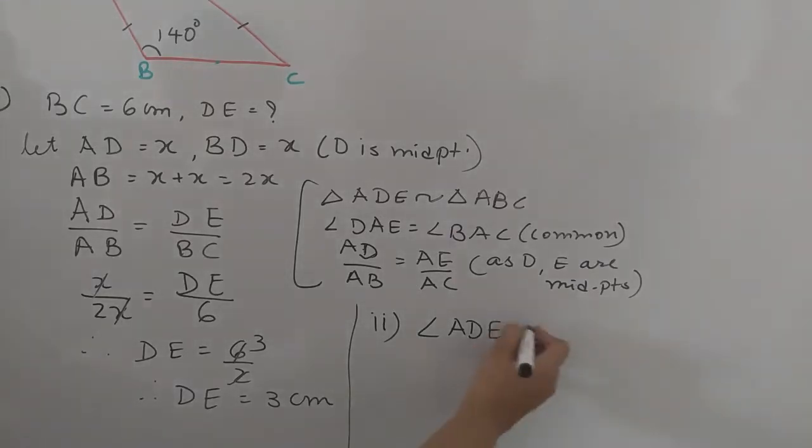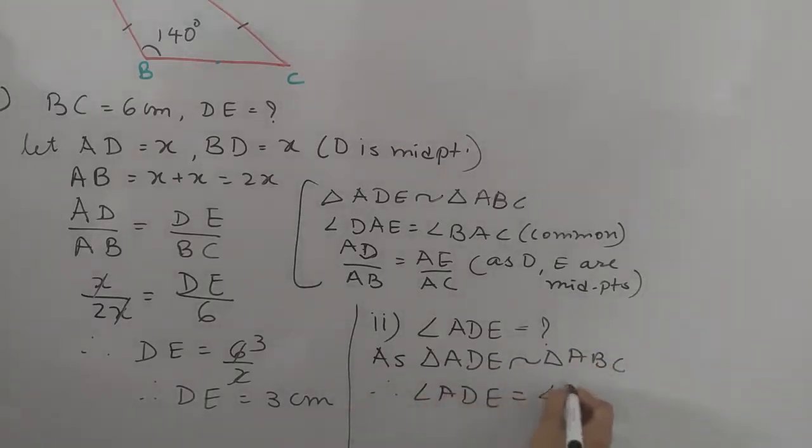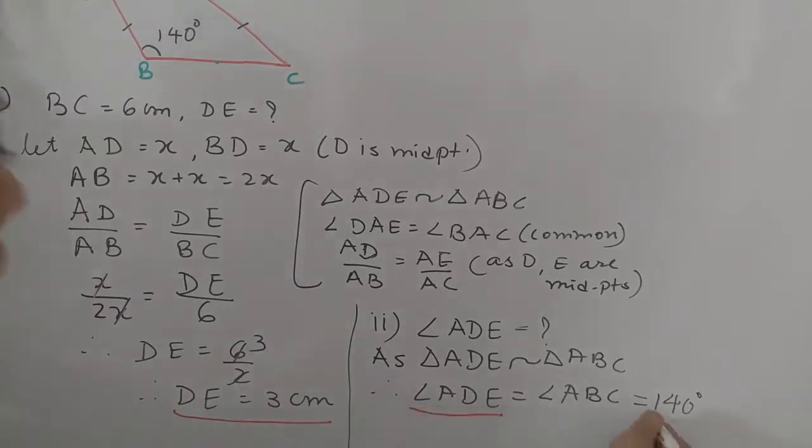So I write here first, triangle ADE is similar to triangle ABC. Therefore, angle ADE is equal to angle ABC is equal to 140 degrees. So here we get both our answers. First is DE is equal to 3 centimeters and the other is the ADE value is 140 degrees. So using our definition of similarity and theorem 1, we can find any values.